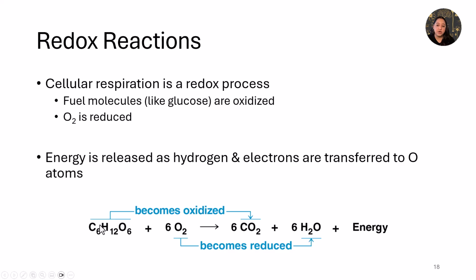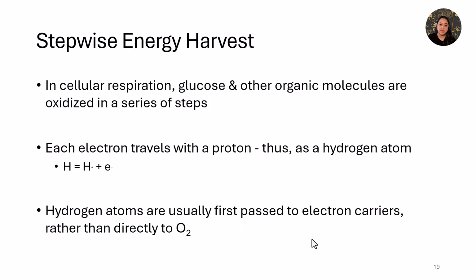It's a whole series of processes and steps, and energy is ultimately released as hydrogen and electrons are transferred to the oxygen atoms. This is just a summary of the whole process of cellular respiration. There are multiple steps.